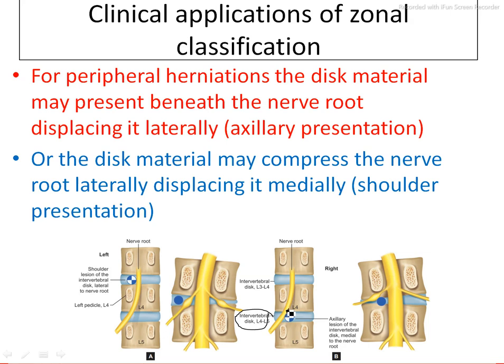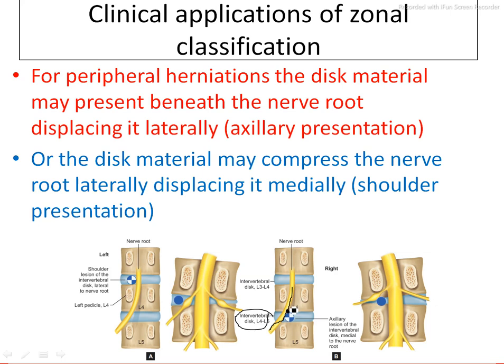If at this level there was herniation, then this is your exiting nerve root, but you see paracentral disc herniation will hamper which nerve? Traversing nerve.